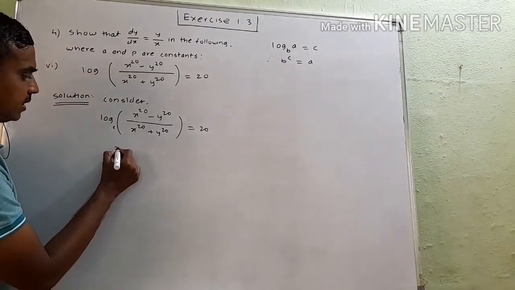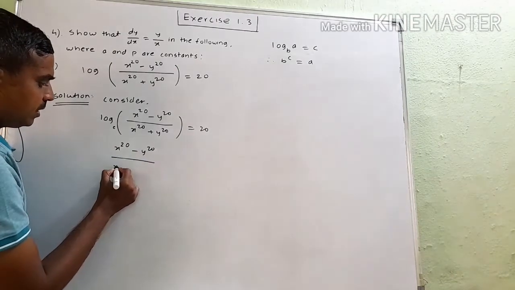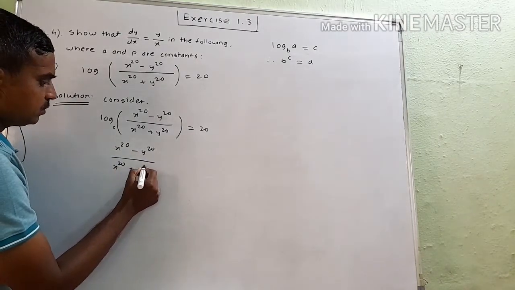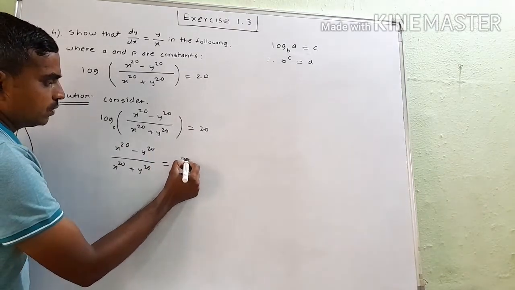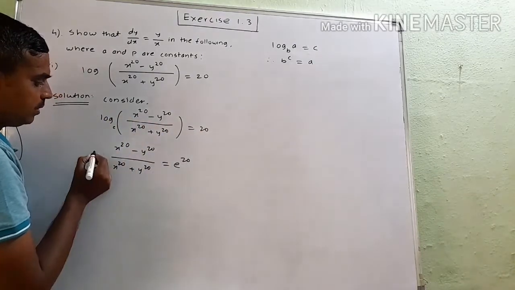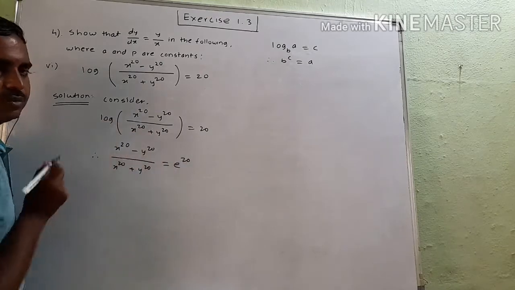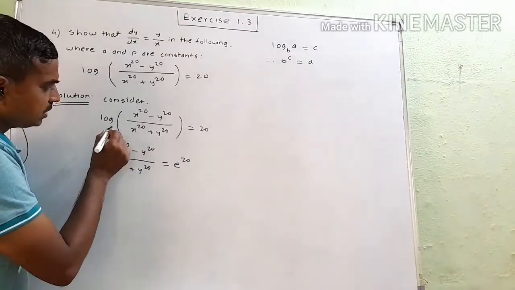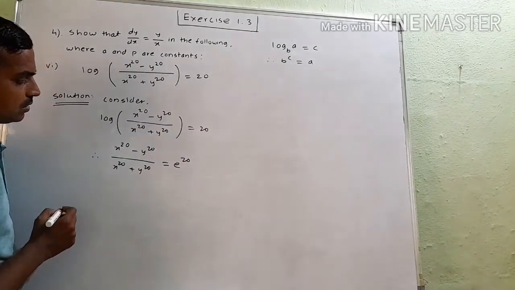This bracketed term x raised to 20 minus y raised to 20 divided by x raised to 20 plus y raised to 20 equal to e raised to 20. This is the conversion of the logarithmic function into the exponential function. Whenever the base is not written, we have to take the base as e. Now we have used this relation.